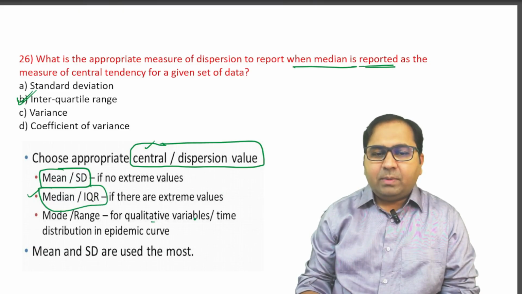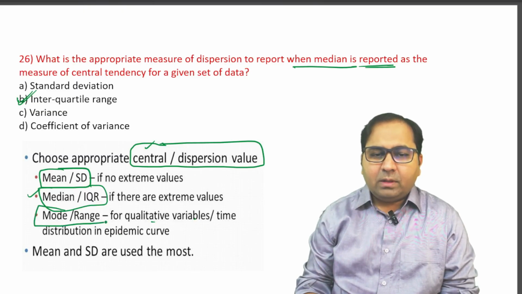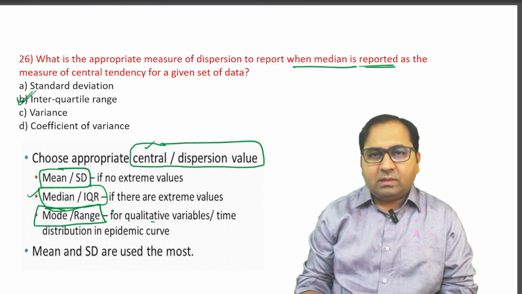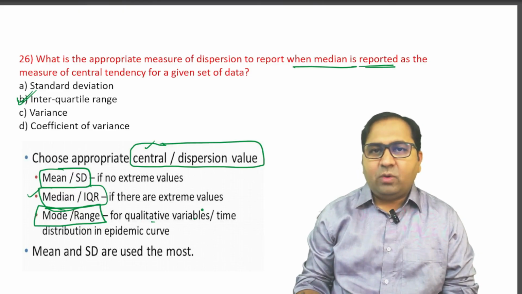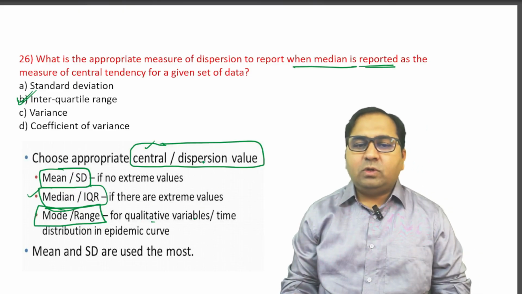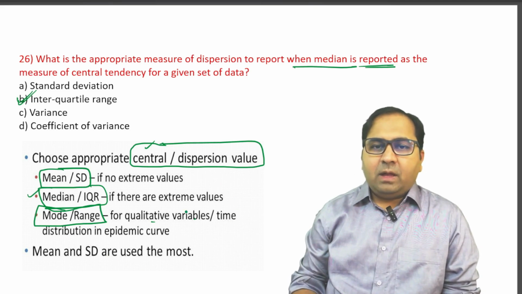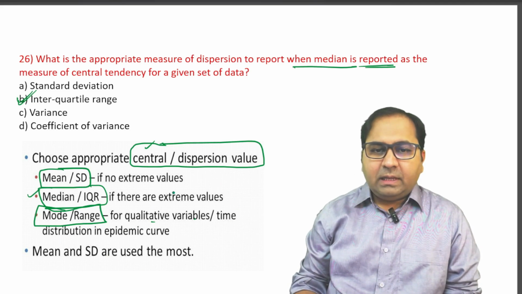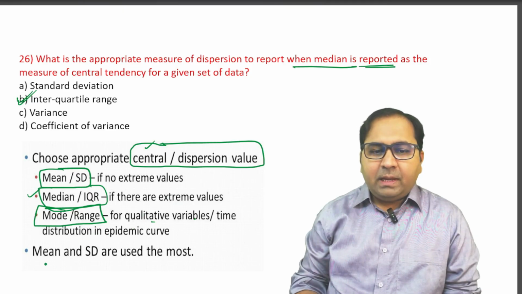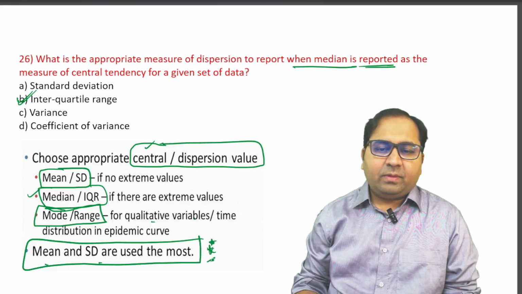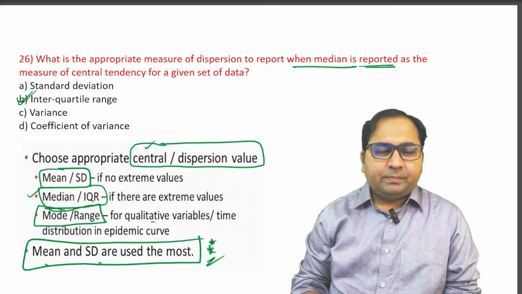For qualitative variables or time distribution in epidemic curve, you take mode and correspondingly range. So this chart, this discussion you have to keep in mind, because you should not get confused. It should be very clear. Among all the study variables, mean and standard deviation are the most commonly used.